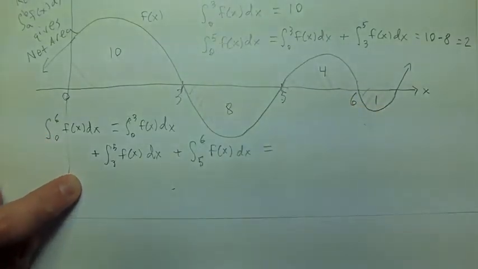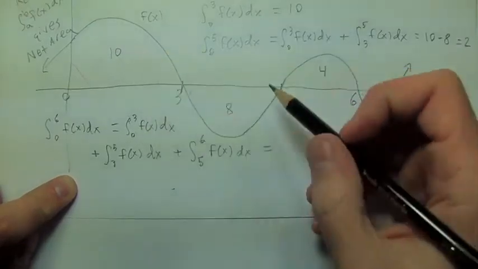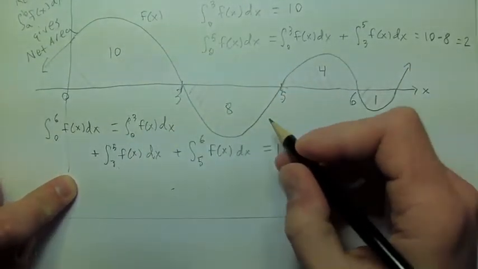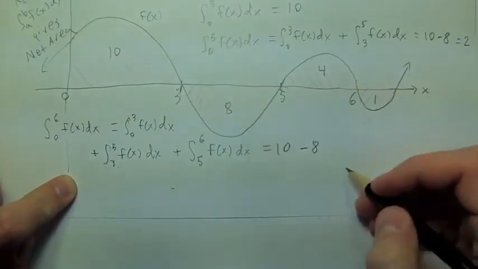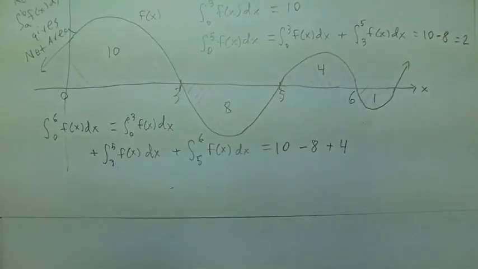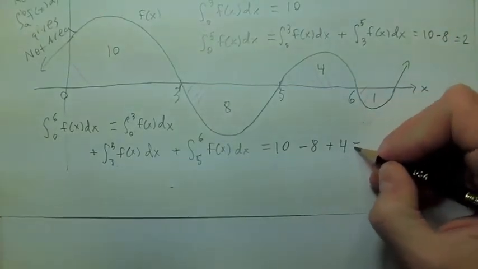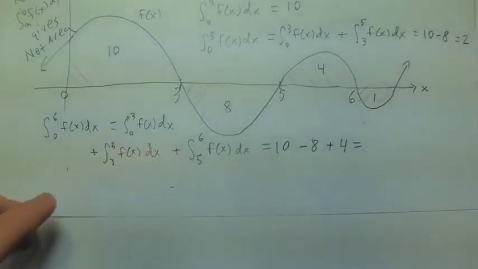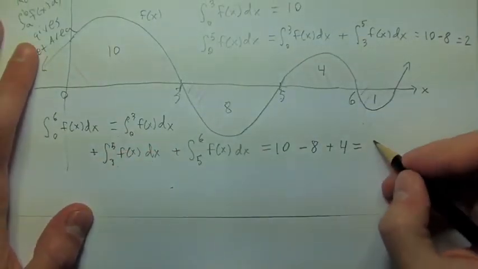So 0 to 3 is 10, 3 to 5 is minus 8 because it's below the x-axis, then 5 to 6 is plus 4. So that's 10 minus 8, which is 2, plus 4, which is 6.